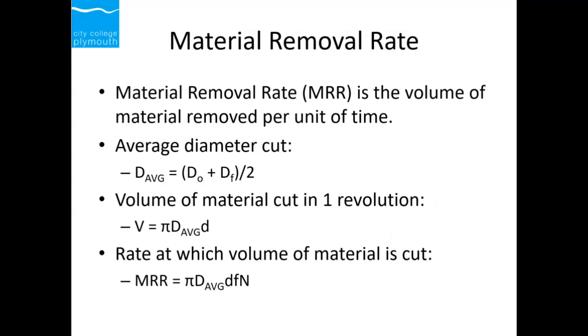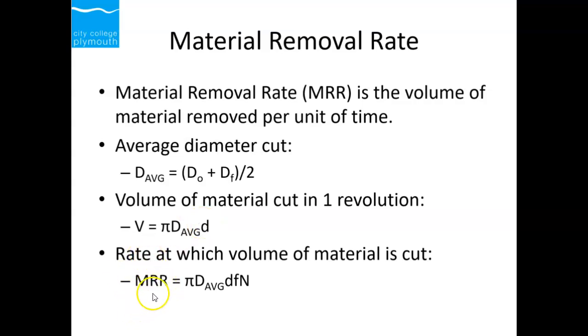Then we have the MRR, material removal rate, which is the volume of material removed per unit of time. The formula: D average equals the outer diameter plus the finished diameter divided by 2. The material removed in one revolution is equal to pi times D average times d, where the small d is the thickness removed.